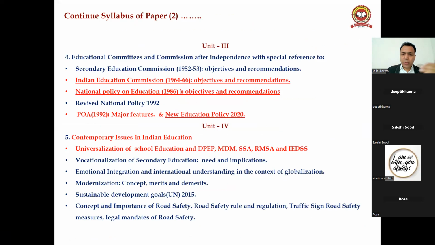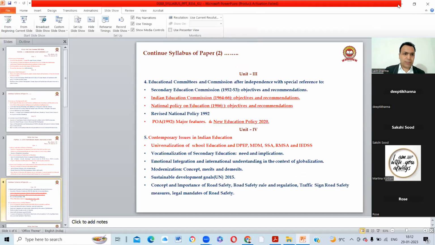DPEP is District Primary Education Programme, MDM is midday meal, SSA is Sarva Shiksha Abhiyan, then RMSA and IEDSS. RMSA is Rashtriya Madhyamik Shiksha Abhiyan and IEDSS is related to inclusive education, right guys? So today we discuss this in the syllabus. So I close this PPT and start from the PDF, okay?